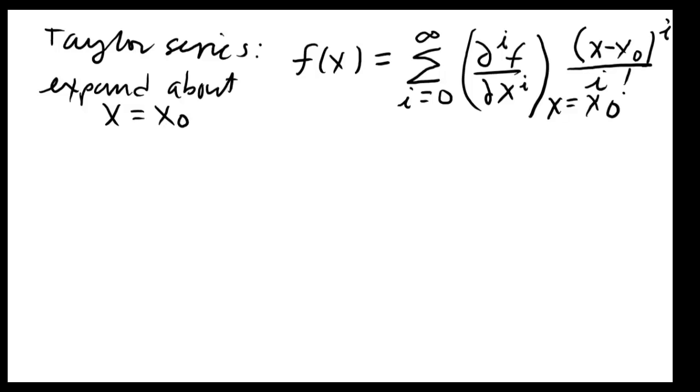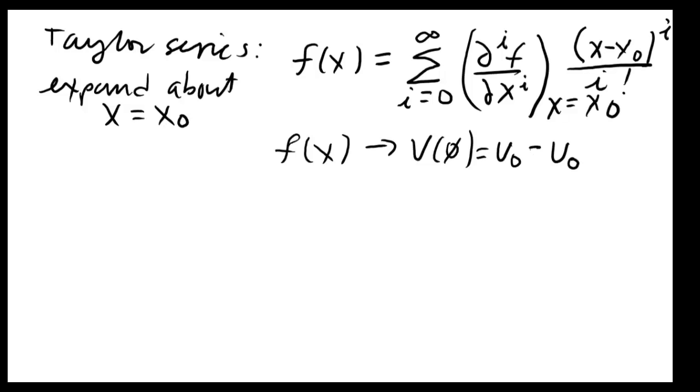Now let's look at the first few terms, and we're going to use f of x now. We're going to use the potential, we said, so V of phi, so we're changing our independent variable from x to phi. That's equal to V0 plus, that would be a minus V0 cosine 3 phi. So let's take the first, say, three terms here.